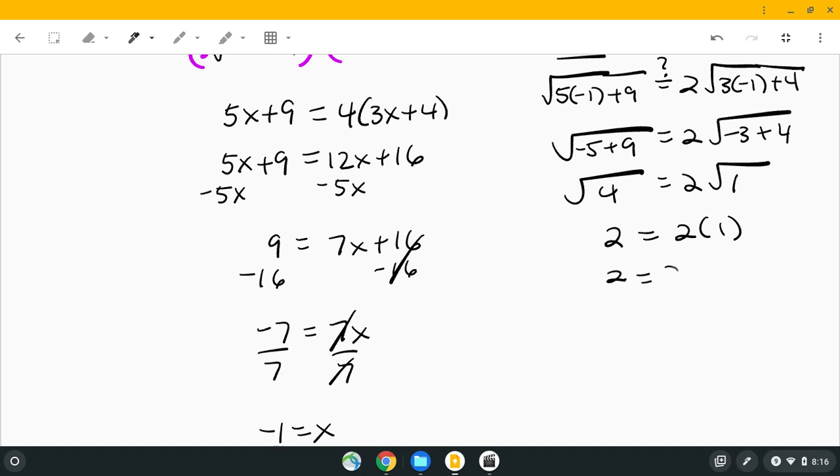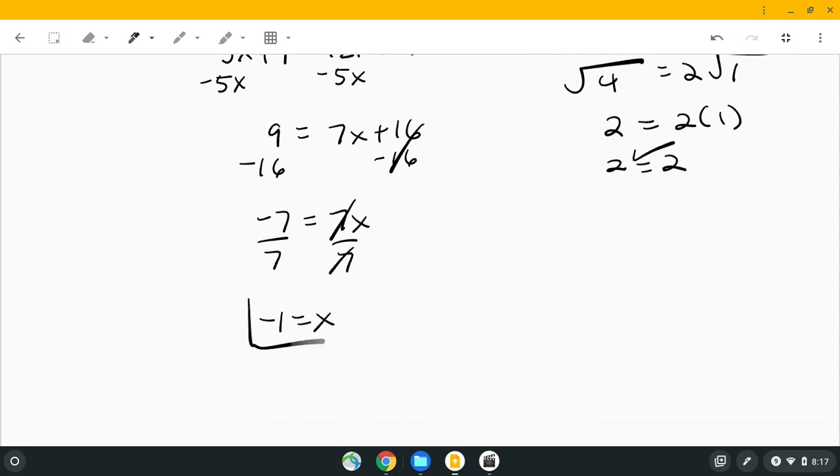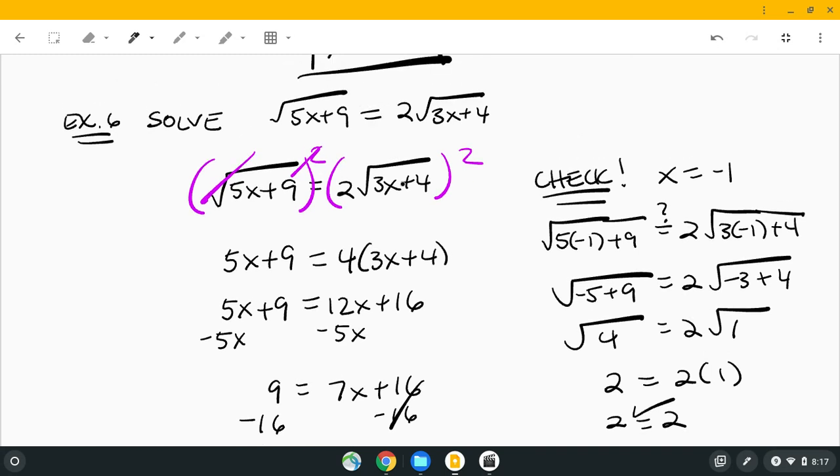So 2 equals 2. Yes, the left side does equal the right side. So x equals negative 1 is a solution. That one wasn't too bad because when we got rid of one radical, we actually ended up getting rid of both of them.